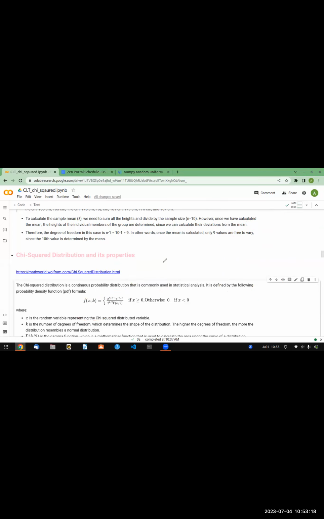If you see here, this is x to the power k/2 minus 1, e to the power minus x/2, divided by 2 to the power k/2. This is a mathematical function. We need not worry about this one. Just understand that in this equation we have the variable x and the degree of freedom.